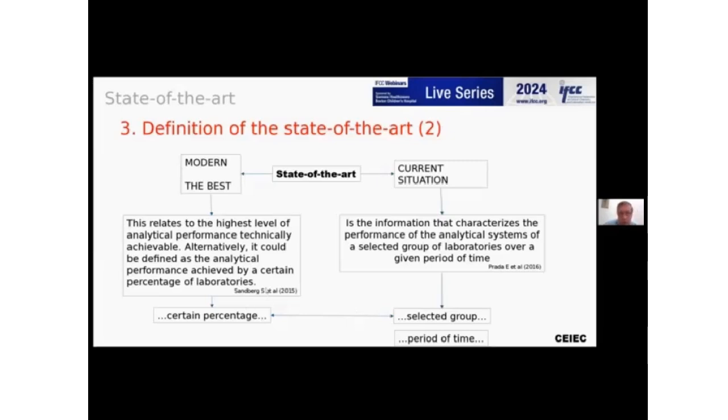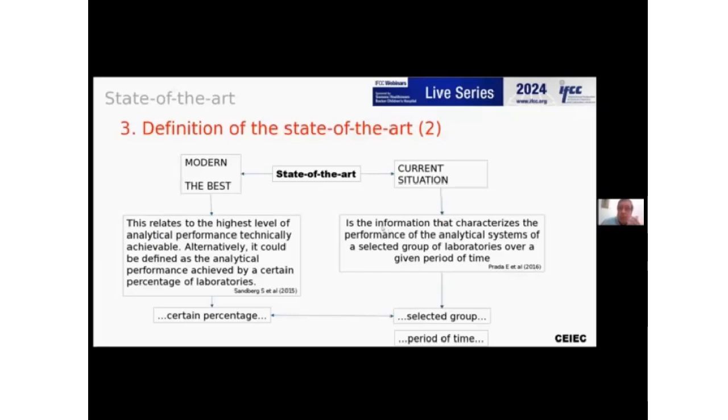Our committee in 2016 defined the state-of-the-art as performances characterized by a certain group of laboratories in a given period. Consequently, there is a convergence between this proposal and our proposal, which is a selected group of laboratories versus a certain percentage of laboratories. In other words, we can take all the results, take a very large group, and talk about the state of the situation.